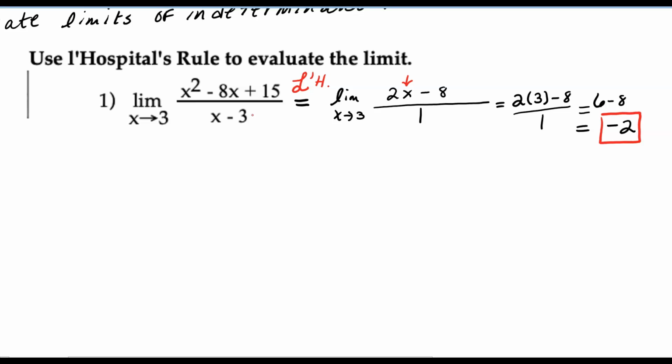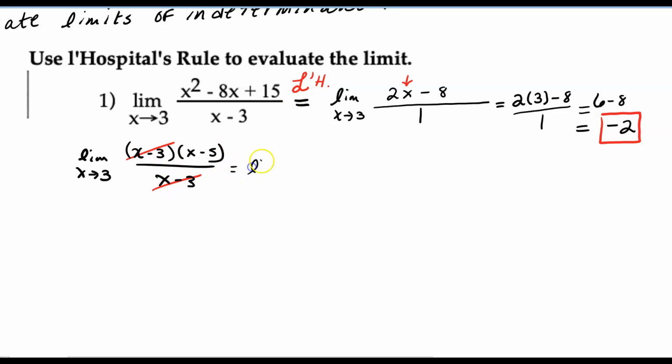And how do we know? Because we applied L'Hopital's rule. Now, you could go back to what you did before, and let me jog your memory, but you'll see this is a lot easier. If I factor, meaning algebraic manipulation, suppose I have x minus 3 times x minus 5, all divided by x minus 3. This is the algebraic manipulation route, which is a lot more work if you ask me.